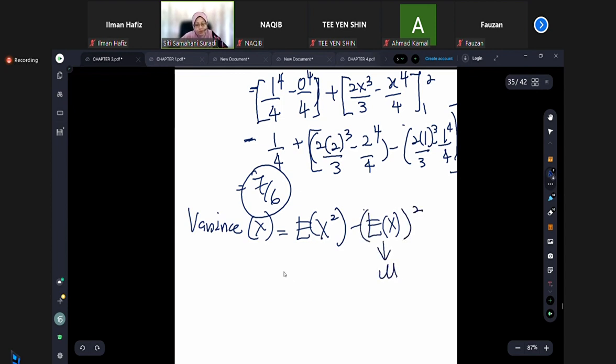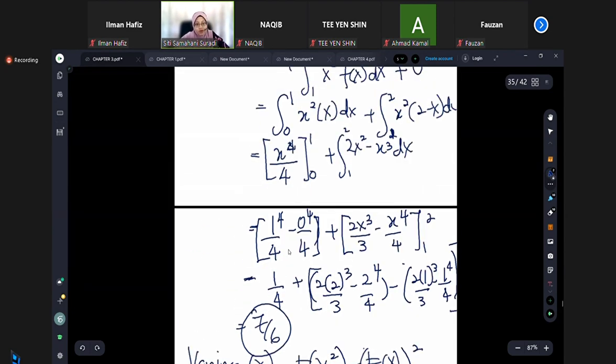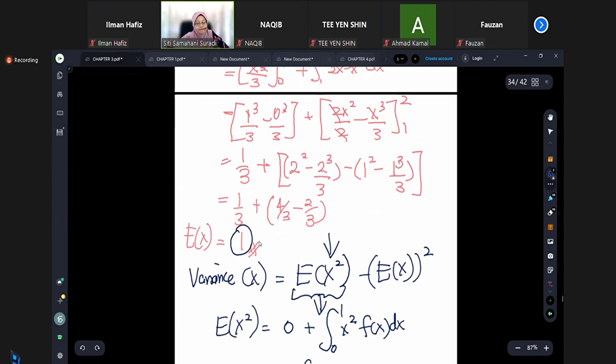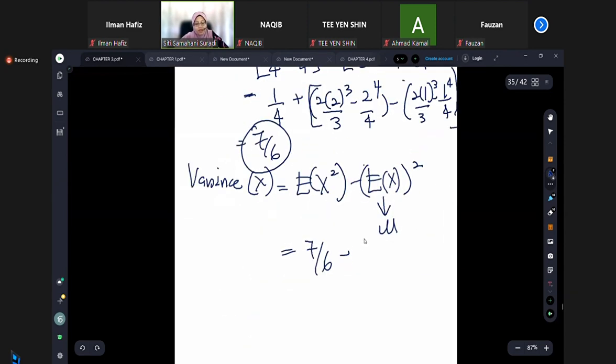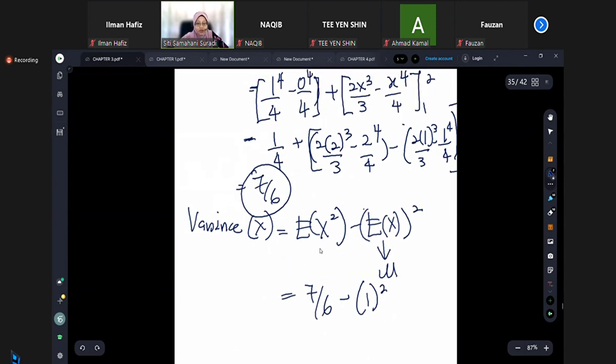This I call mu. What you got earlier was 7/6. But the value should not be more than 1. This x squared is already more than 1 because it is x squared. That is what I wanted to say. Then x squared minus your mu, what was it? What you already got earlier. This one needs to be squared. The answer, not the x expression you did earlier. So that means minus 1 to the power of 2. That's why the equation is E of x squared minus E of x, in total brackets, to the power of 2.